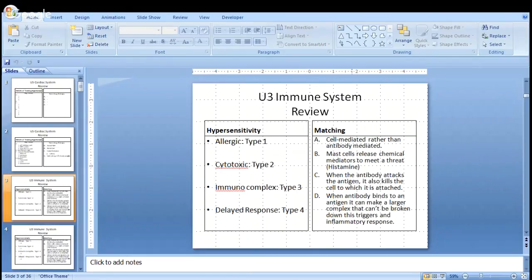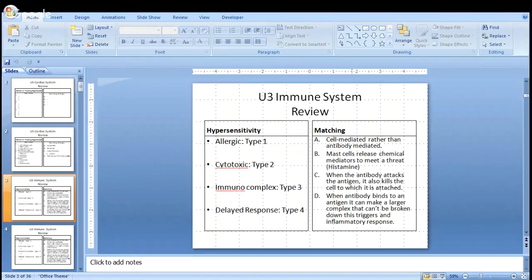Okay, so the allergic type, I always tie it to the mast cells. Allergic type 1 is mast cells releasing chemical mediators to meet a threat, that's the histamine. Then you have the cytotoxic type 2. I tie it to it kills the cell. When the antibody attacks the antigen, it also kills the cell that is attached.